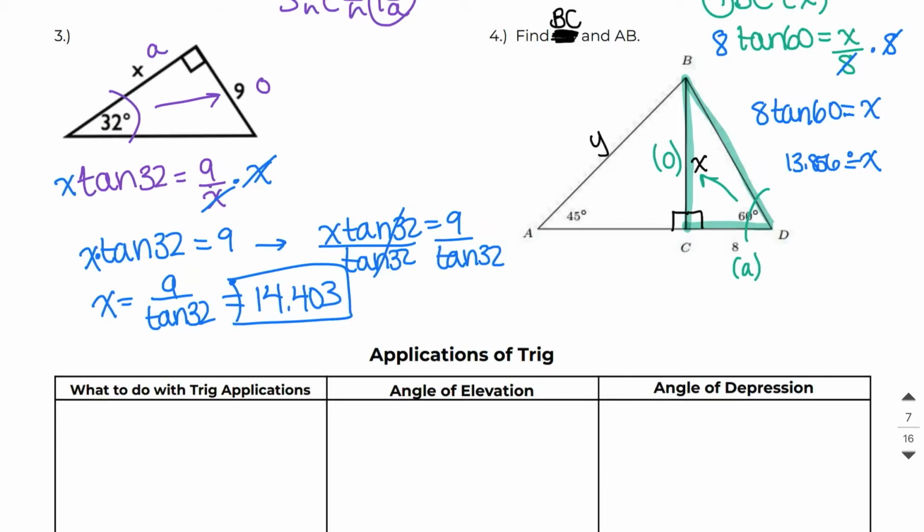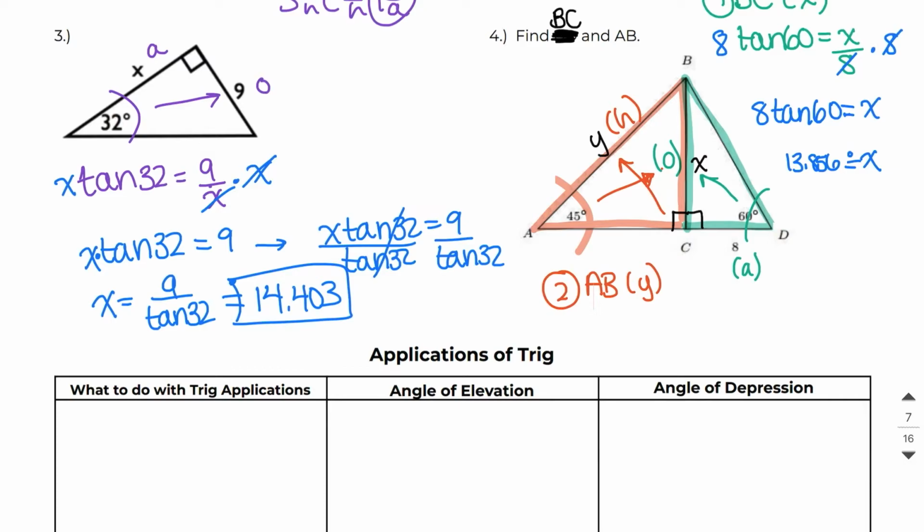Now that I've done that, the next thing I want to do is find AB, which is this side length right here. I can use this triangle right here to help me out, especially because I know that this is 45 degrees. To find AB, which is y, we are going to say that the x, which is now known, 13.856, is still the opposite, and the y is the hypotenuse.